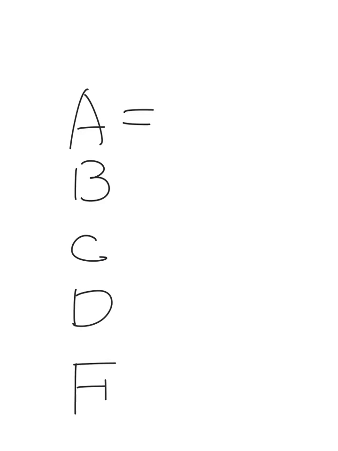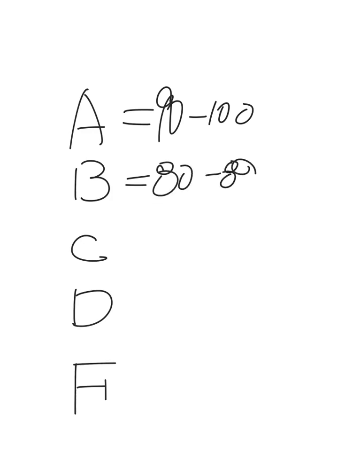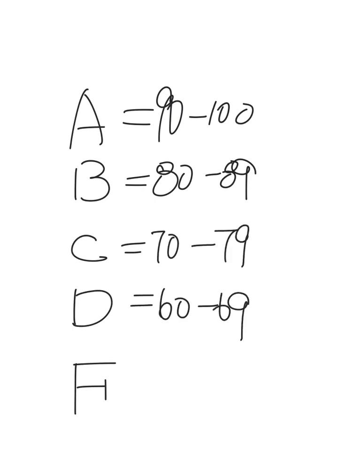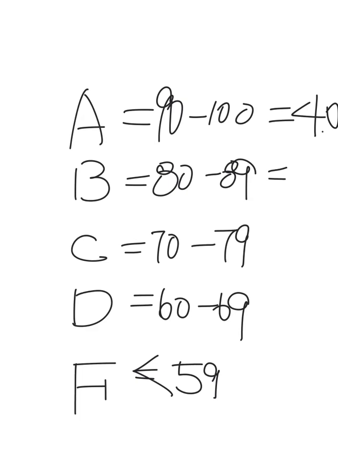You can get A from 90 to 100, B from 80 to 89, C 70 to 79, D 60 to 69, and F lower than 59. Or GPA: A will be 4.0, B will be 3.0, 2.0, 1.0, and nothing.